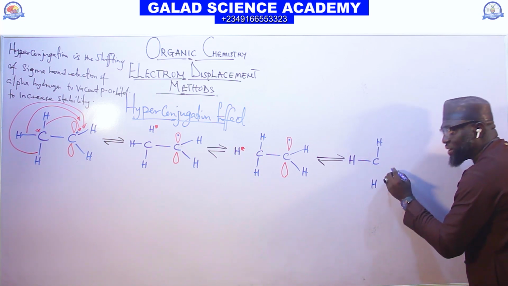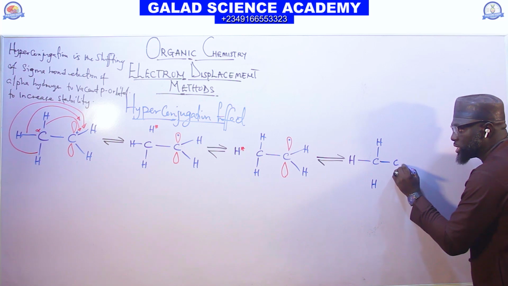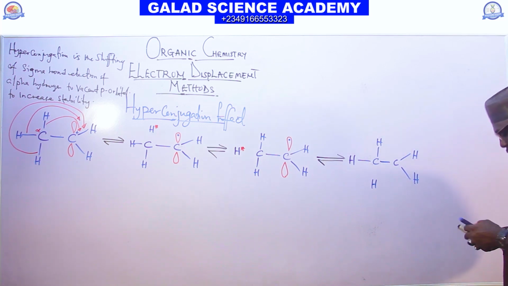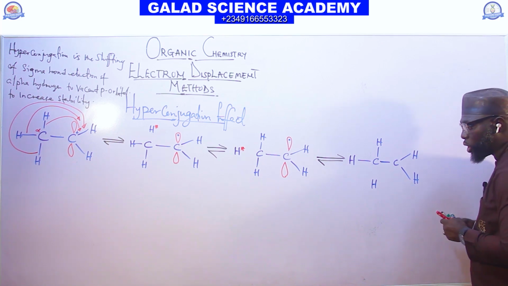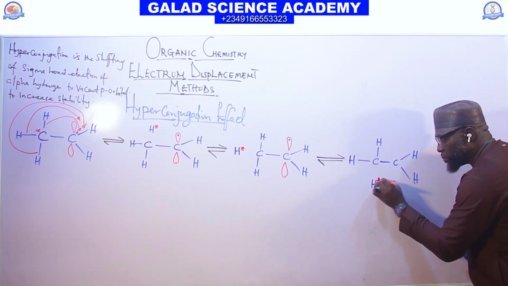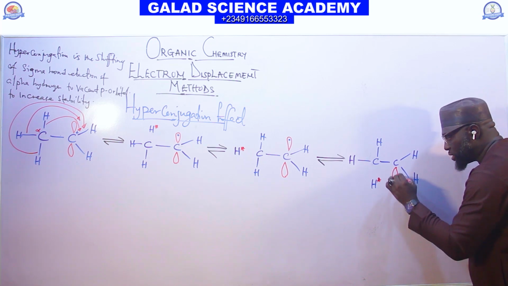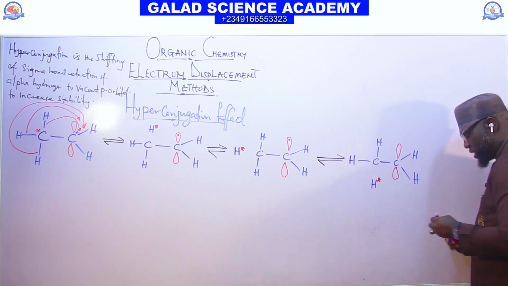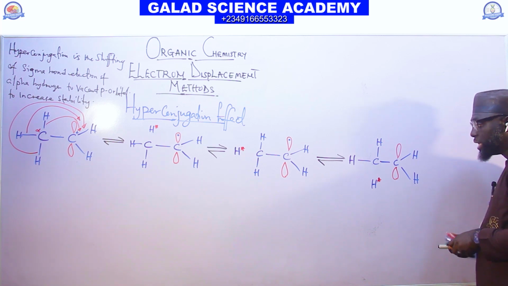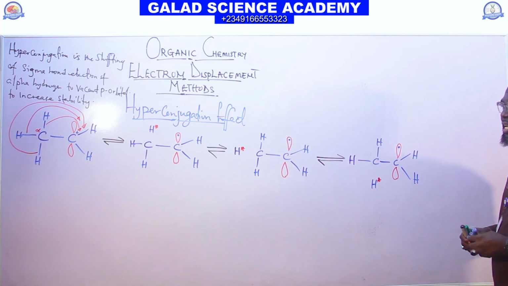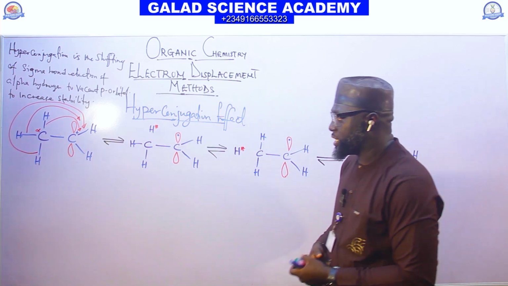This one we also serve as empty. We add with this. We have the H here. So this is the one we call without bond. And here we have an empty p orbital. Then the bond here we have on top here.